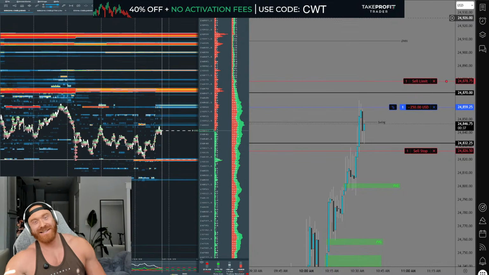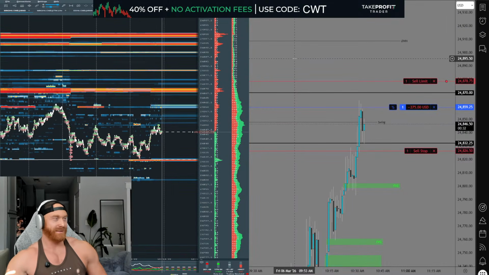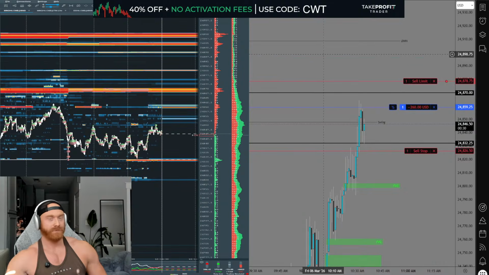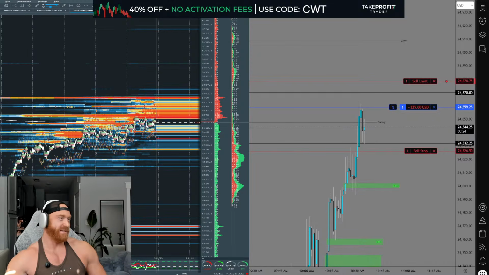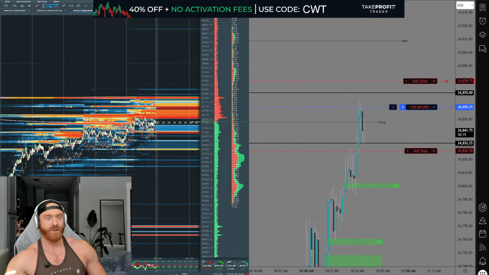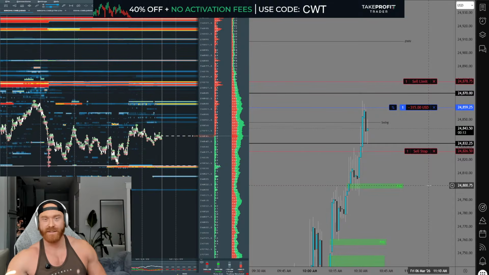Immediately just goes in the opposite direction. Look at the book map here on ES. You would think this would just push straight up here, but it doesn't always work like that, especially not today, it seems.